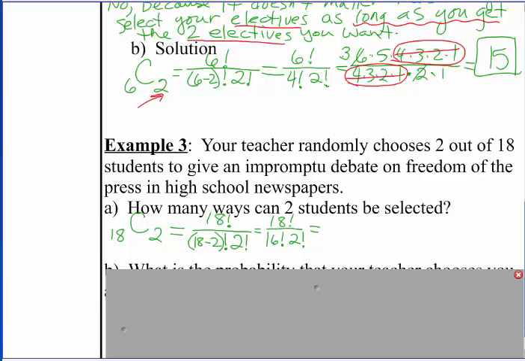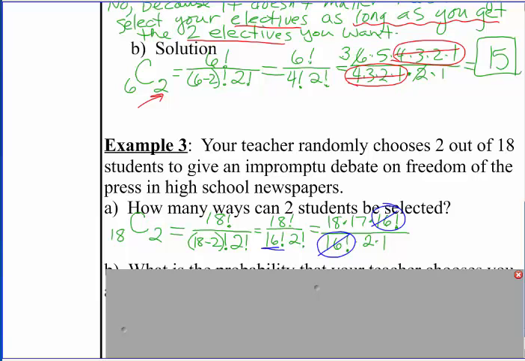If you notice on the bottom, we have the 16 factorial. So when I do the 18 on top, I'll start 18 times 17 times 16 factorial. The factorial just means I have the 16 multiplied with everything below it, 16, 15, 14, all the way to 1. And then on the bottom, we have a 16 factorial times the 2 factorial, which is 2 times 1. So notice on the bottom, we have a 16 factorial. On the top, we have a 16 factorial. So when you divide, that equals 1.